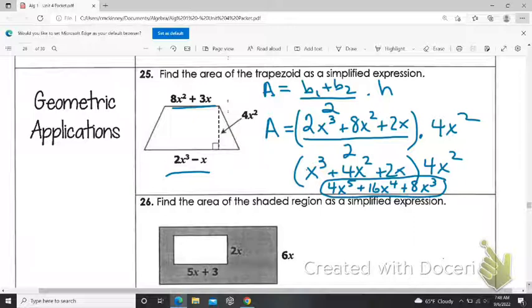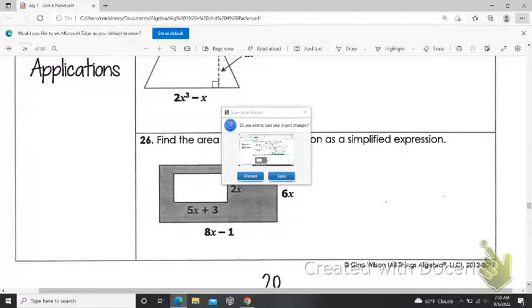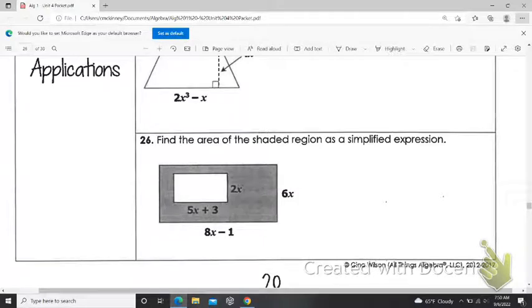I need to scroll down, so hopefully you have everything you need from the first part. I could not see the bottom of the page. Alright, so my strategy here is to take the large rectangle, subtract the small rectangle. On the subtraction step, I'm just combining like terms.